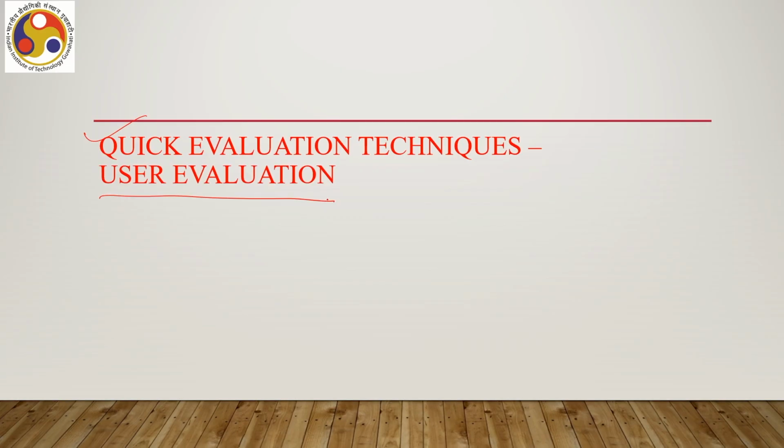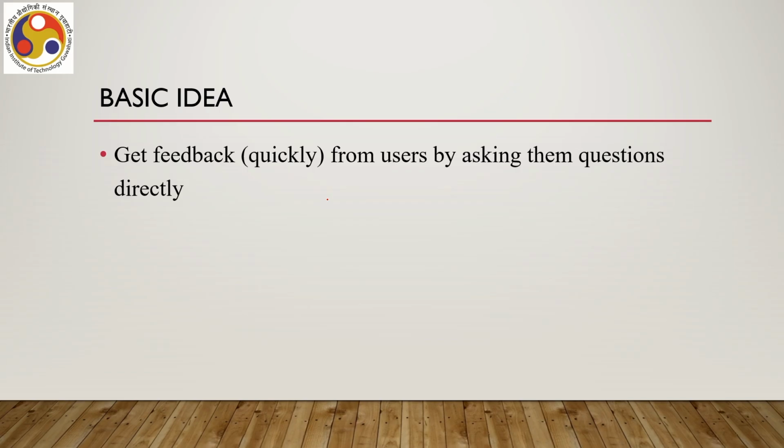So, let us talk about the third quick evaluation technique, that is user evaluation. Now, the basic idea here is, as we have already noted earlier, to get quick feedback from users by asking them questions directly. So, in user evaluation, we have to involve the users.